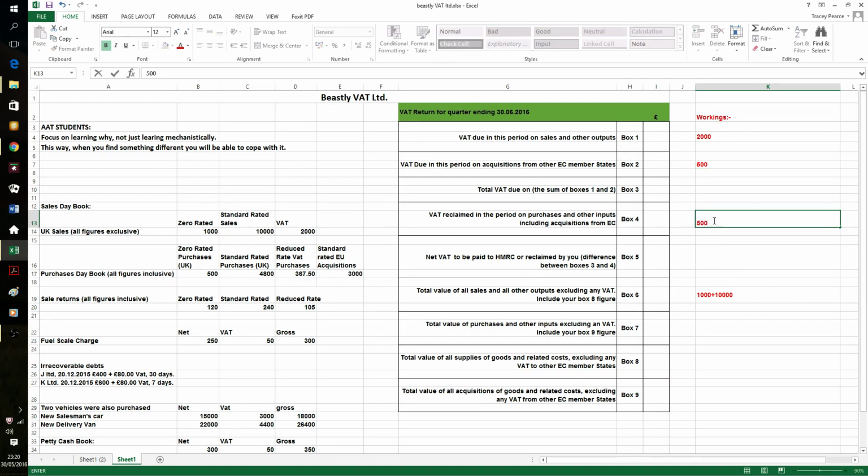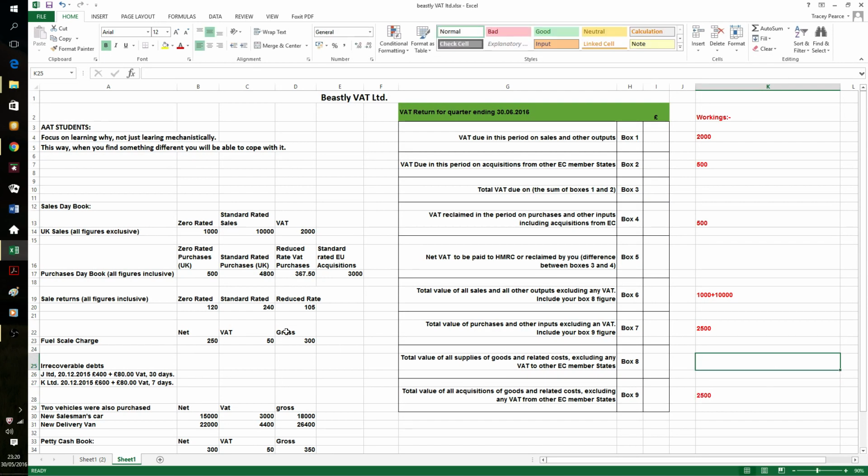So it's in box 4. One of the things that you just have to get used to. Despite the fact that box 2 is really about outputs, it doesn't go in box 6 in the outputs section. All we need to do is to put the 2,500 as a figure, part of the figures in our control box number 7. So that's the EU acquisition dealt with, apart from remembering box 9.